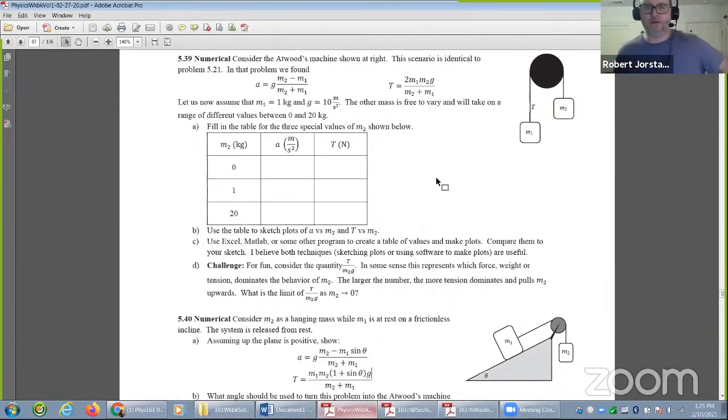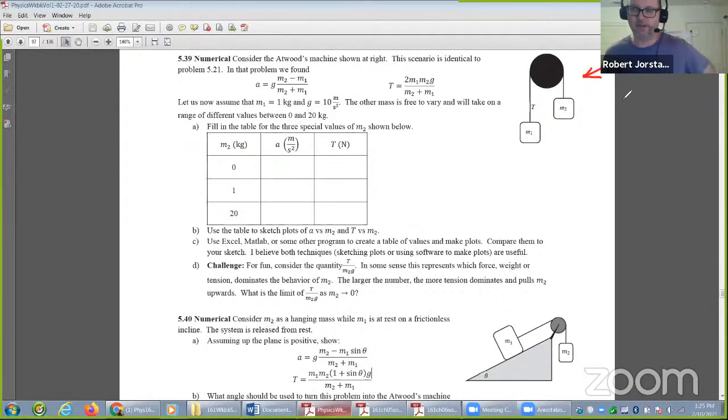The upper problem and the lower problem are pretty similar. This thing is called an Atwood's machine, a pulley with 2 blocks on it. It's a classic physics problem because it forces you to understand a lot of things: tension, acceleration, coordinate systems. It's a very good introduction. But look at this problem down here. It looks very, very similar for what value of theta?